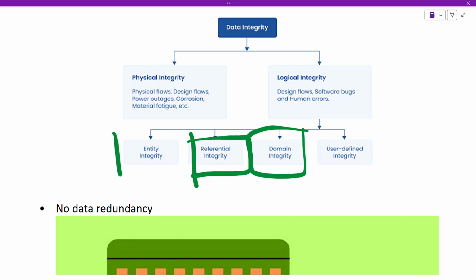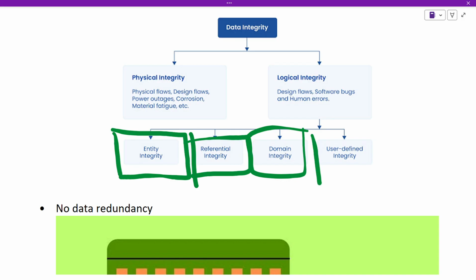And then we have the entity integrity. Entity integrity is managed using keys and some other mechanisms through which we ensure that the data in the relation is consistent and clean, and it will improve the data quality of our database.